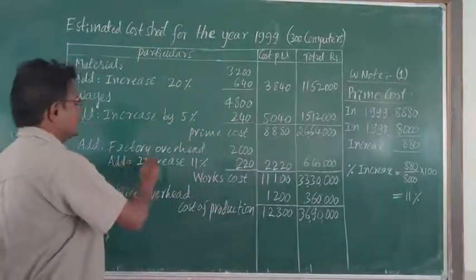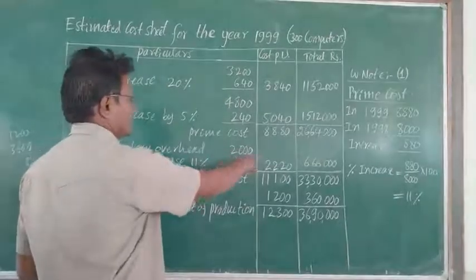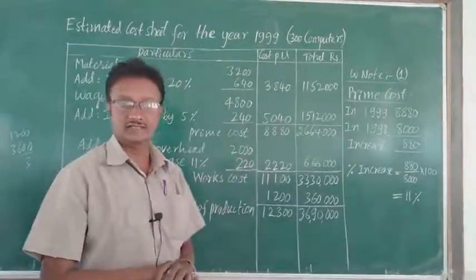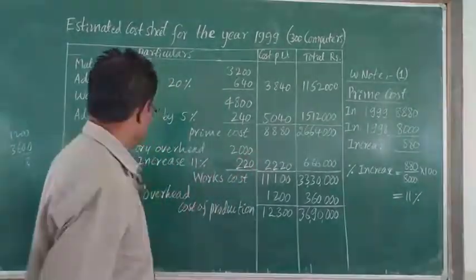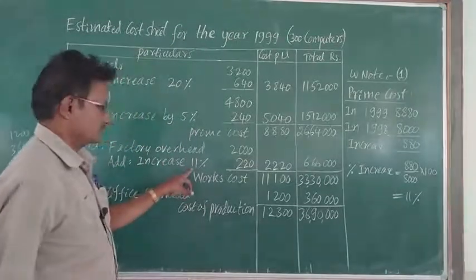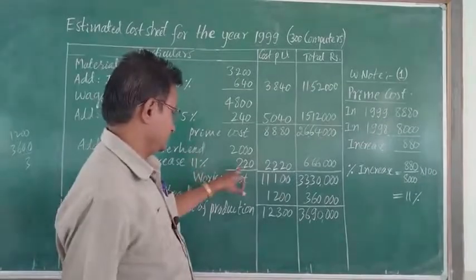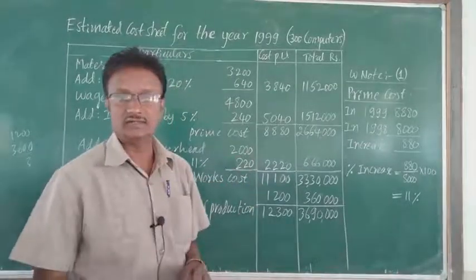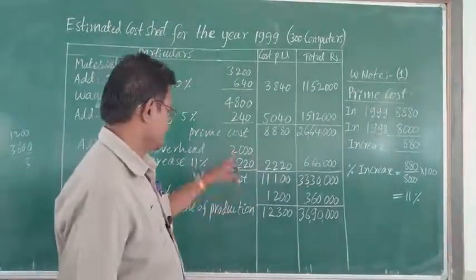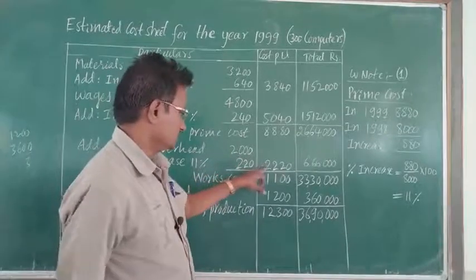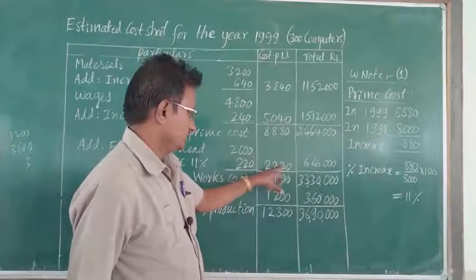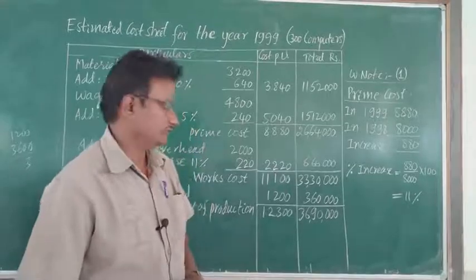So here factory overhead is 2,000 in actual costing, per computer. Next, add the increase of 11%. 2,000 into 11% is 220. The total is 2,220 per computer or per unit.